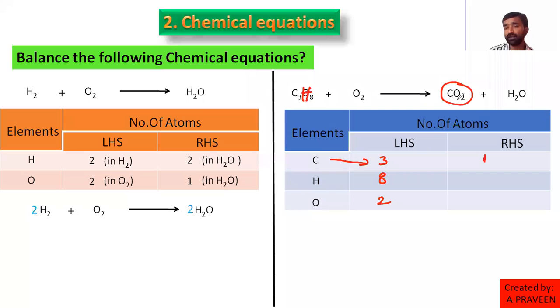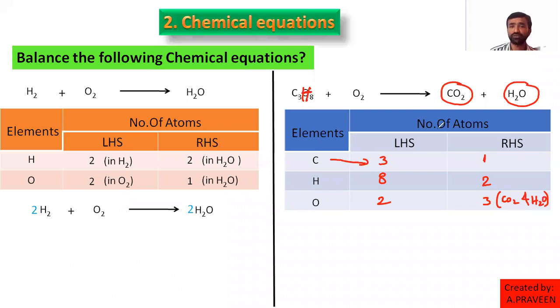Next, hydrogens in H2O, how many are there? 2. Next, oxygens. They are repeated in carbon dioxide and in water. So 2 plus 1, totally 3. They are available in carbon dioxide and also in water.